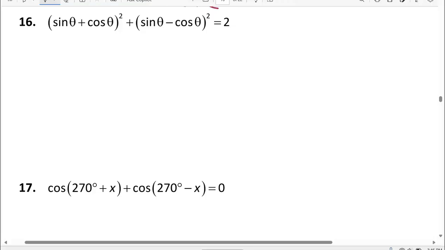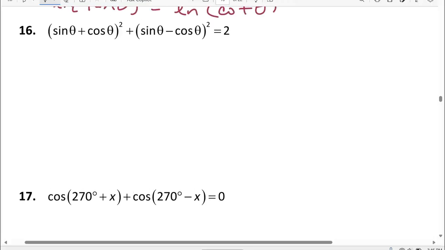In number 16, we have sine of theta plus cosine of theta squared plus sine of theta minus cosine of theta squared equals 2. So I'm going to start by writing sine of theta plus the cosine of theta squared plus sine of theta minus the cosine of theta squared equals itself.